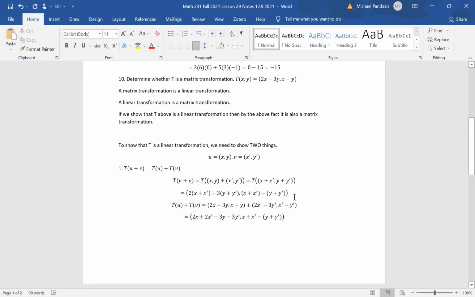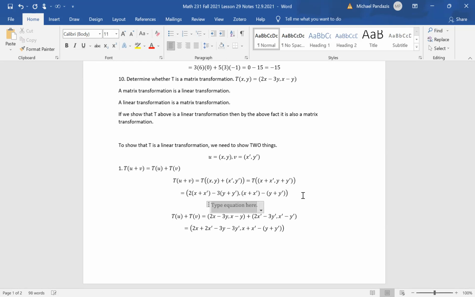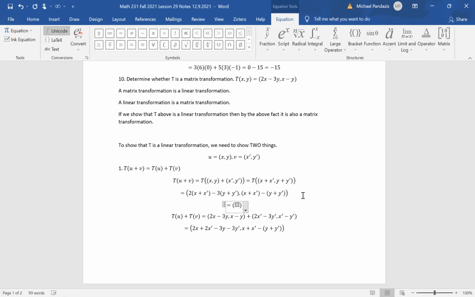And you could go either direction here. So let's say we continue in this. So this is equal to 2x plus 2x prime minus 3y minus 3y prime, comma, x plus x prime minus y plus y prime.